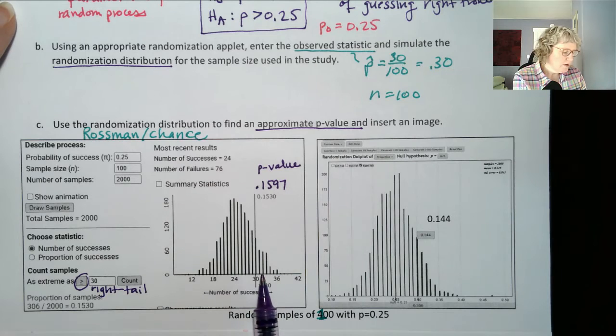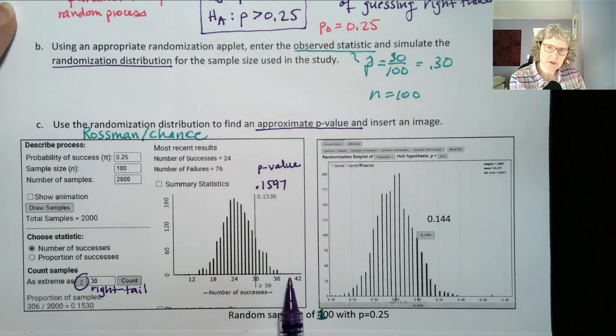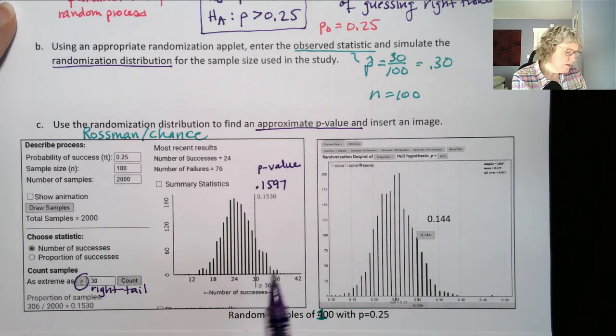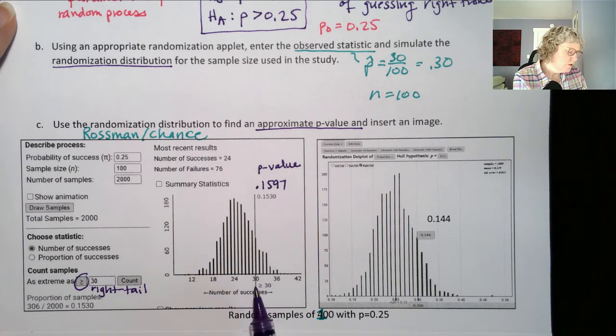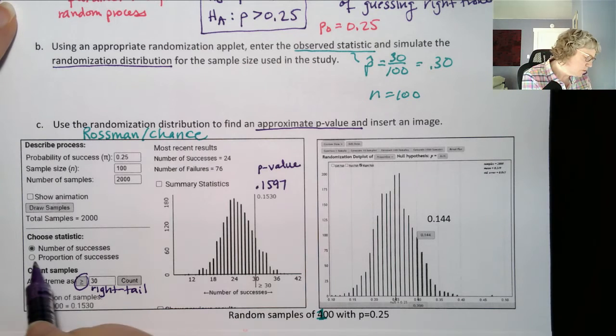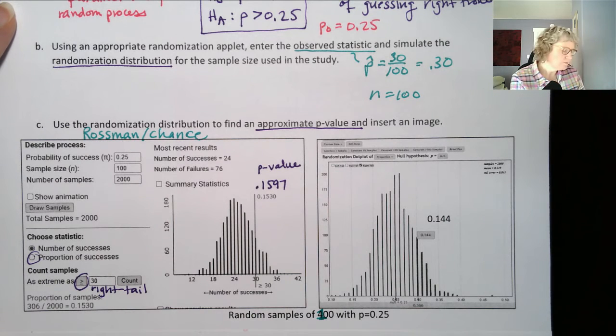So we want to count everything from our value toward the tail, because everything more than that is also evidence for the claim, even though we didn't get that particular sample. There's a 15.97% chance of getting 30% or more saying, oops, I didn't change this one to proportion. I should have done that.